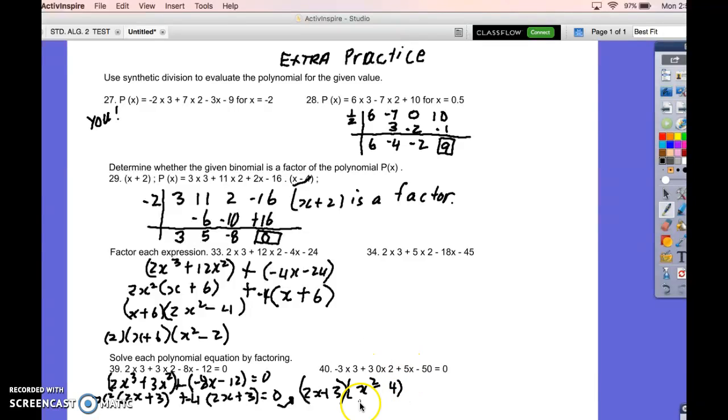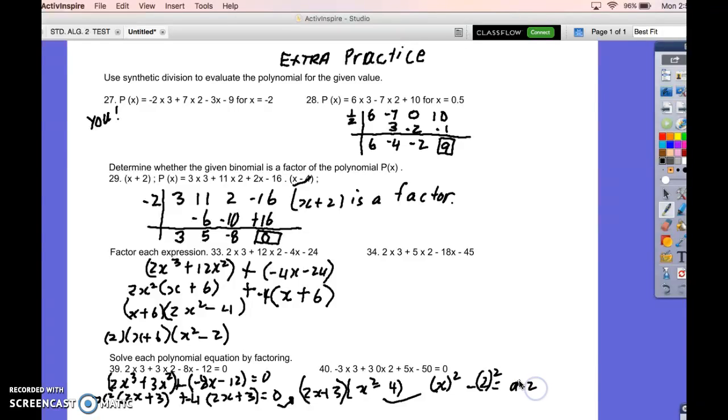But we can factor x squared minus 4 again. You say, how so? Well, you can factor it because 4 can be written as 2 squared. So this is a difference of squares, and this is factorable as follows.